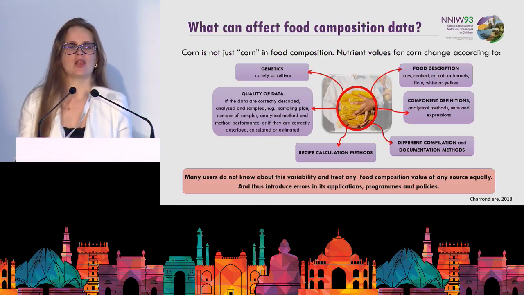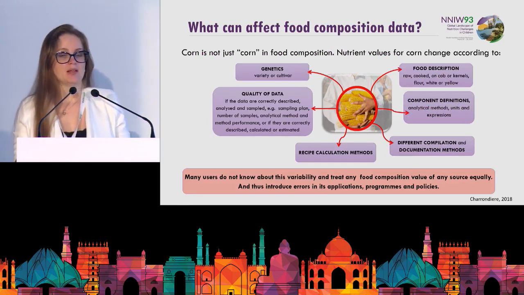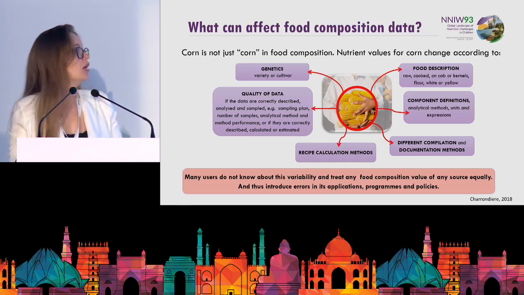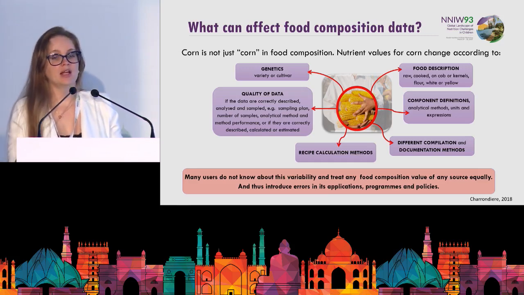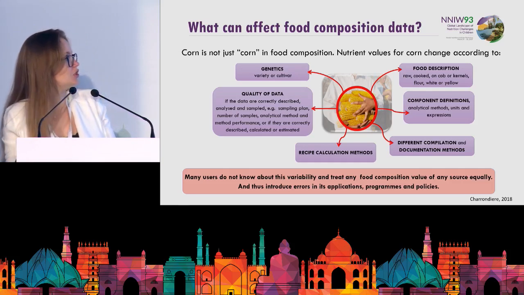But we cannot treat food composition data like just a value, because many factors can affect the composition of one food. For example, we can have the food description. If we take the same food, raw and cooked, we will have different composition.